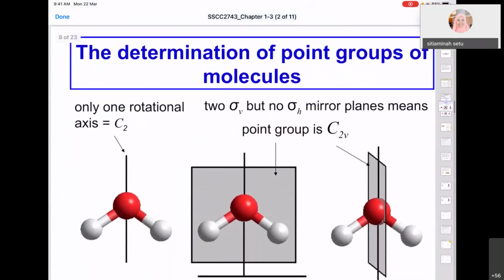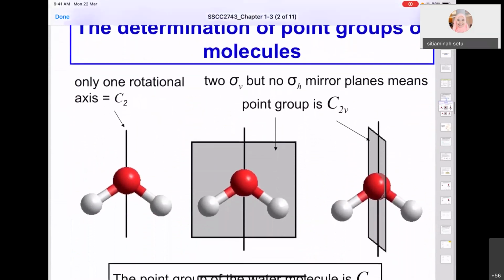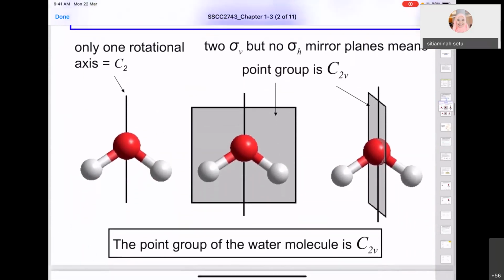Okay, so the determination of the point group of a molecule. For example, let me show an example here.